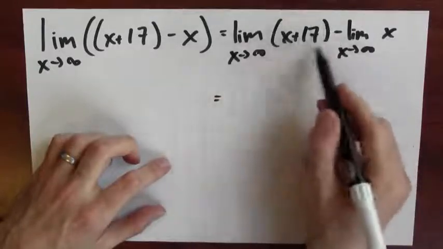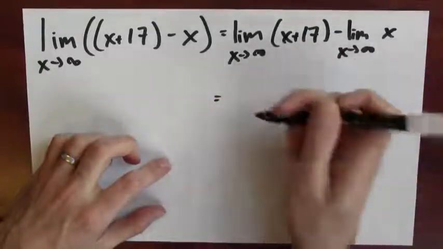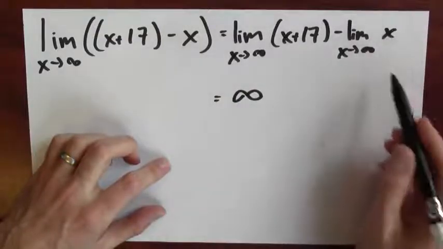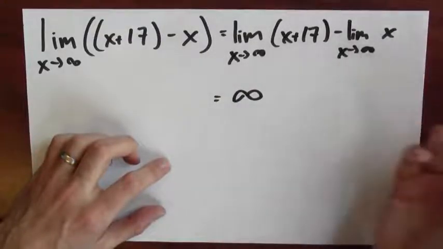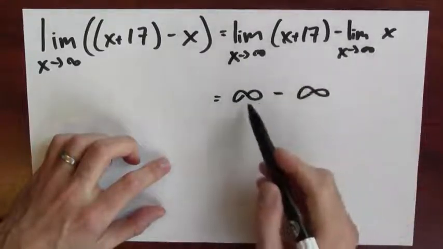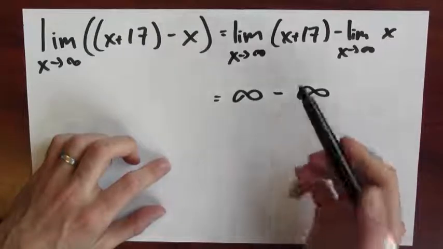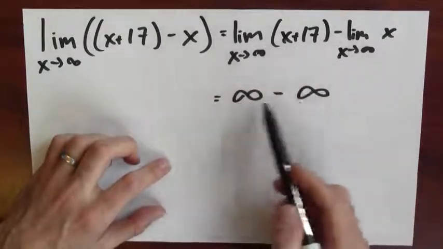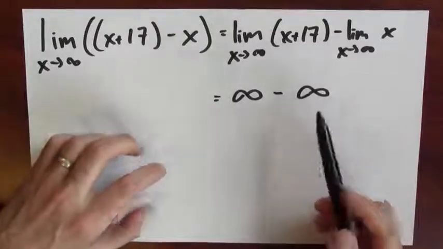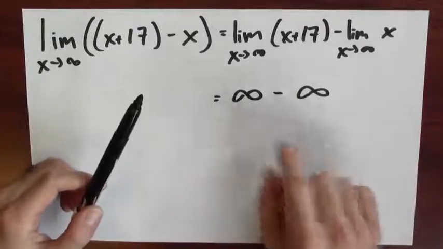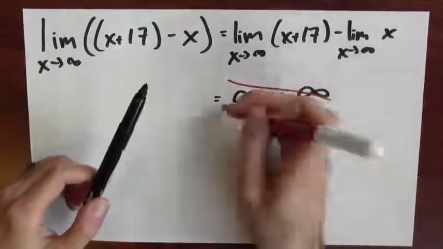Well, I can make x plus 17 as large as I like if x is big enough. So that's infinity. And what's the limit of x as x approaches infinity? Well, I can make x as large as I like if x is big enough. So that's also infinity. So I've again walked into the trap of writing down infinity minus infinity. Right? I applied the limit of a difference equals the difference of the limits without remembering that that's only valid if the limits exist. And in this case, the limits only exist in the weak sense that I can write down that they equal infinity. Anyway, don't want to do that.